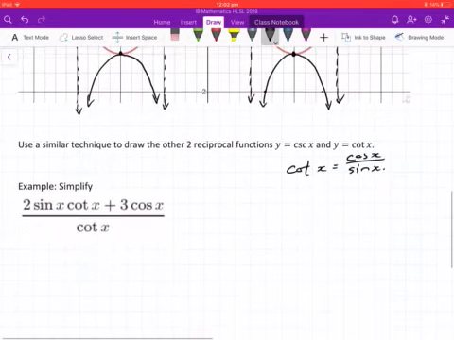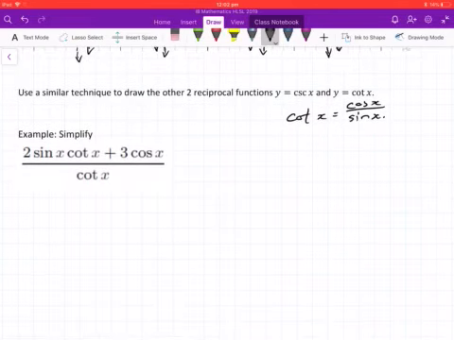Okay, now one last thing is, now that we have some other reciprocal or other trigonometric ratios, we can do a whole lot more simplifying. So we've got something like this. 2 sin x cot x plus 3 cos x over cot x. We want to simplify that.